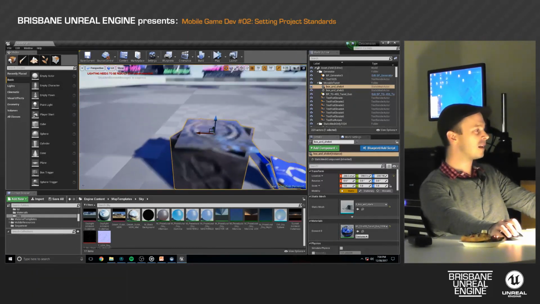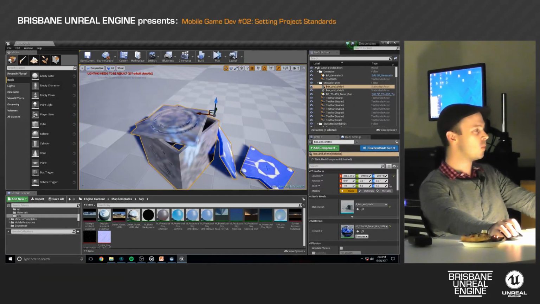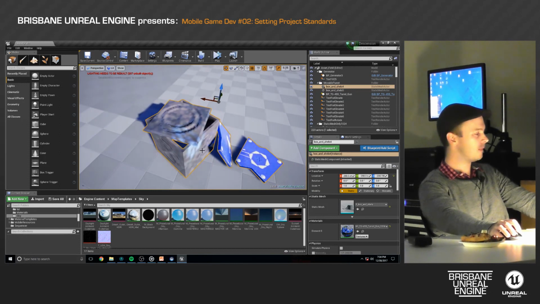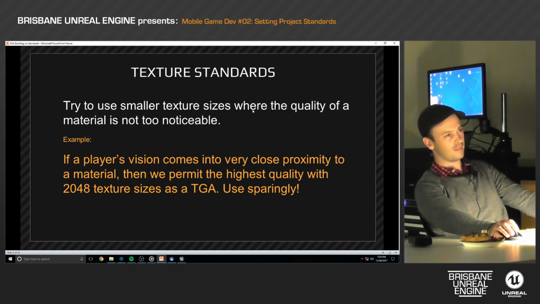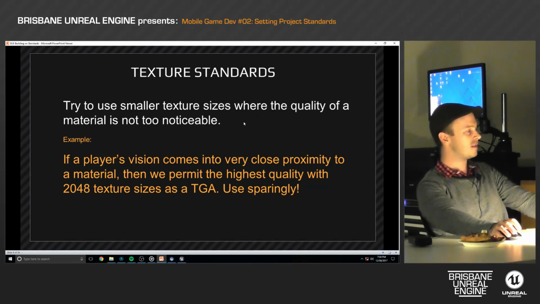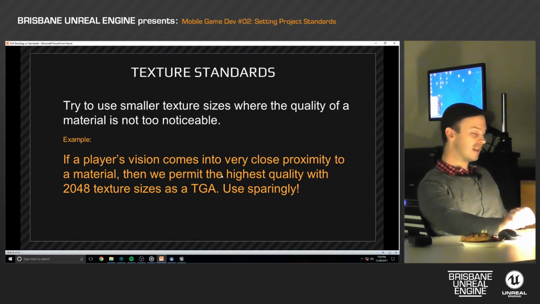The actor is not going to come too close to it, so we're happy with that quality. That brings me back to this point here. You can use smaller texture sizes where it's something like that in the distance, and it's just filling up to build the environment and the context of that environment. That makes sense, right? Let's move on.